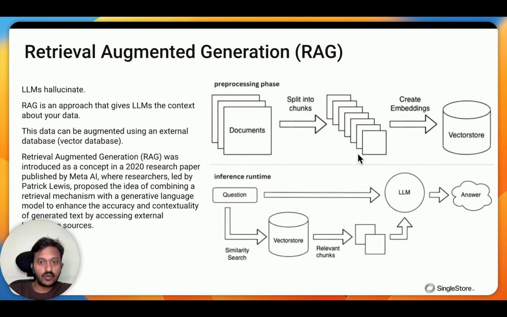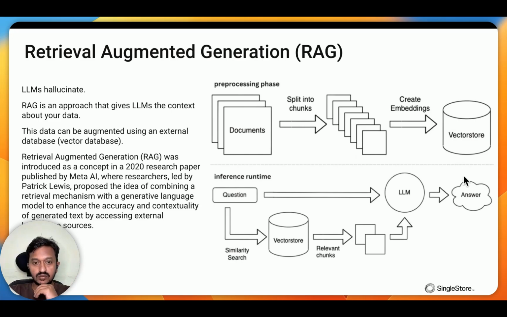It can actually go to the connected external knowledge source to find the relevant answer. That's how you build contextually relevant responses, and that's how RAG stands as one of the prominent approaches to reduce LLM hallucination.